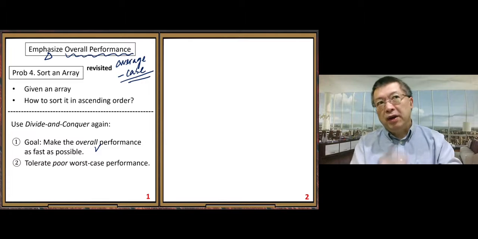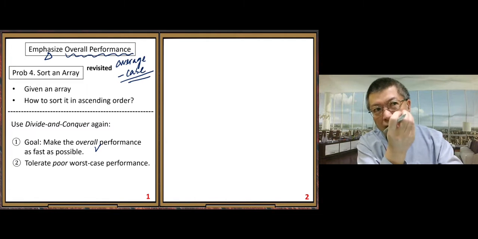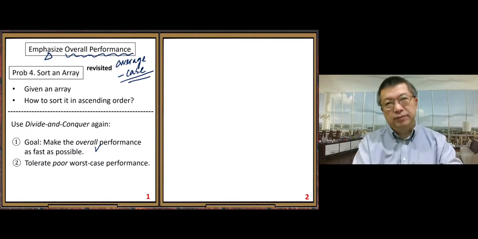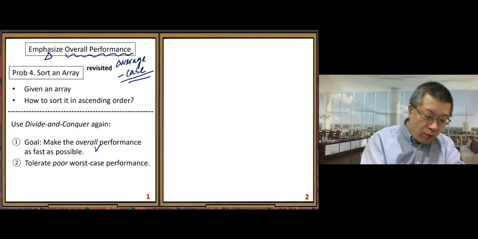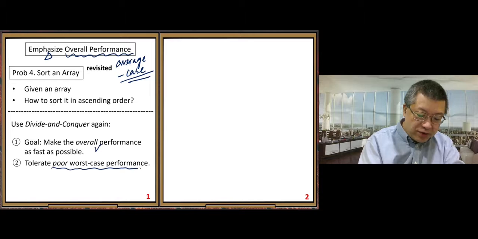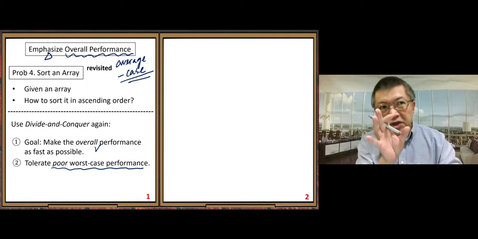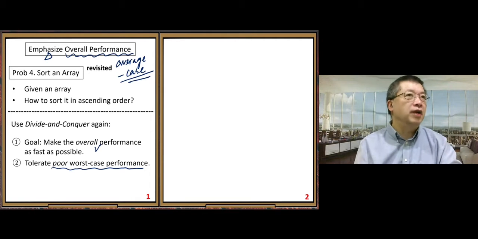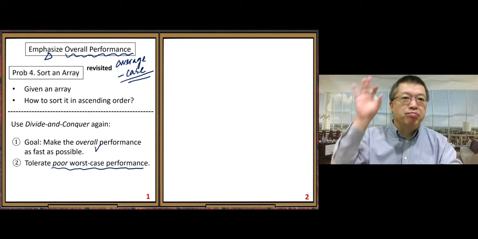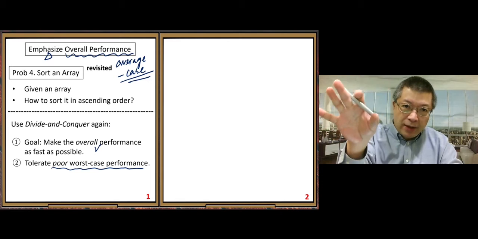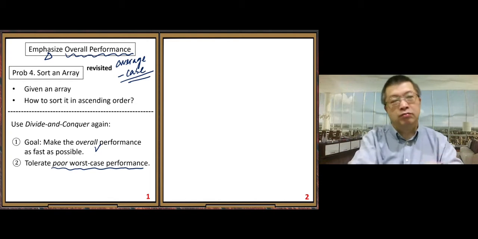The little part we can tolerate is slower performance, that is the poor worst case performance. We may have some special situation where the performance is very poor, but we must put that bad situation under control.